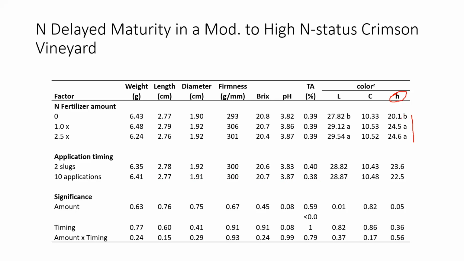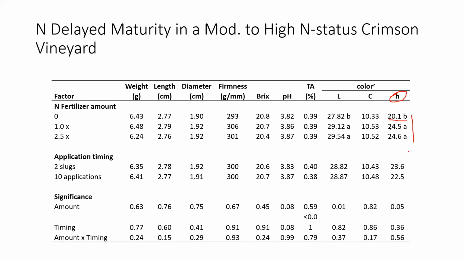And a low hue angle, for example, a hue angle of 0 would be perfectly red. And as the hue angle starts to increase, it becomes more yellow colored. And so this lower hue angle for the unfertilized fruit of 20 is actually more red than the fruit that were given some fertilizer, either the replacement rate or the high rate. So in this vineyard, which also had a high N status, giving the fruit more nitrogen actually reduced the color.